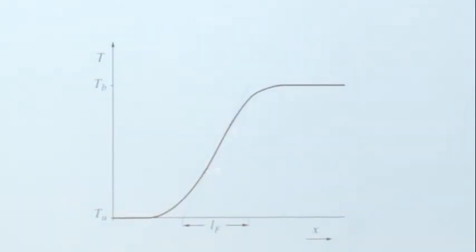You just take the maximum gradient, or maybe the gradient at the ignition temperature, and then you extend it to the burned and the unburned, and then where this line crosses TB and TU, the distance between these 2 points, that's the flame thickness. So it's just approximating this flame by this step function or whatever you want to call it. That's how you would define the flame thickness from an experiment.